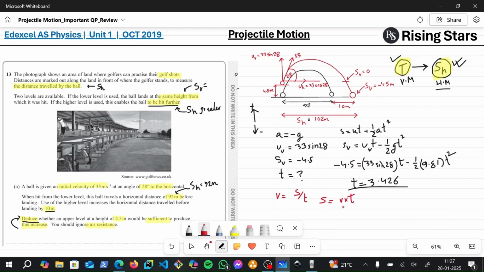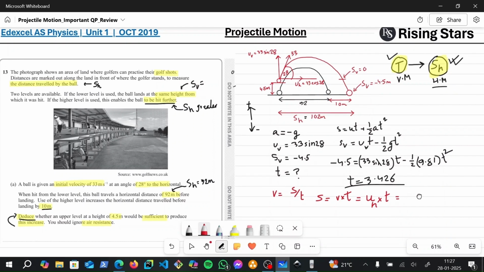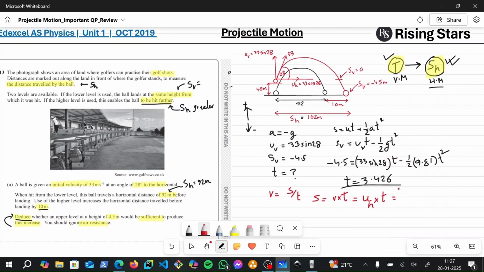The v here is just the horizontal component of initial velocity times the time of flight. Just to make things clear for you, I'm specifying everything here. UH we know is 33 cos 28, times the time of flight t, which we found as 3.426.